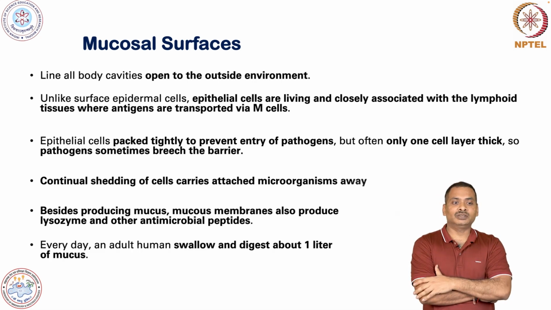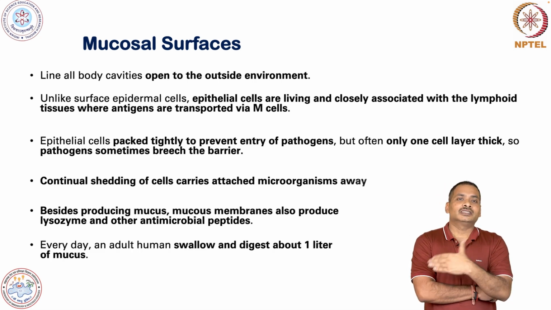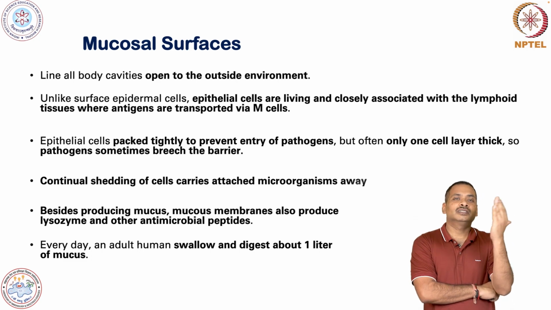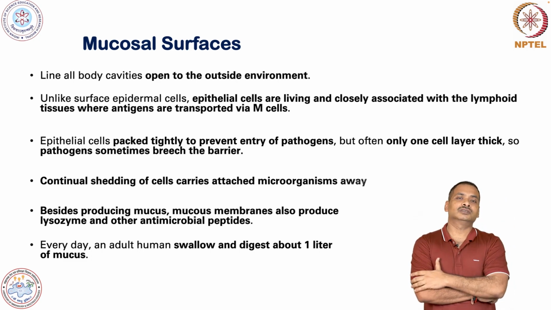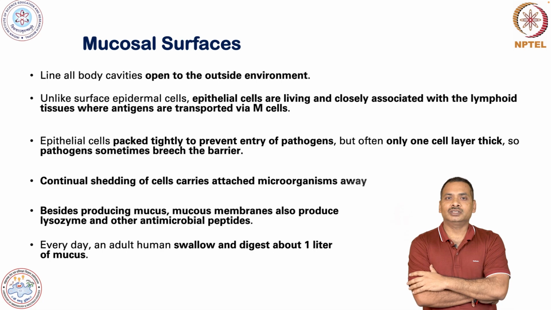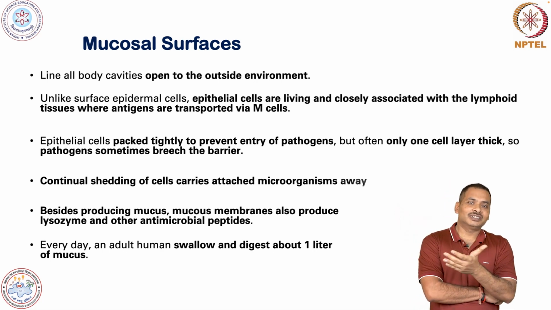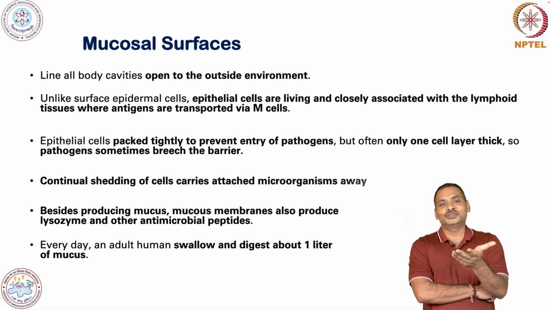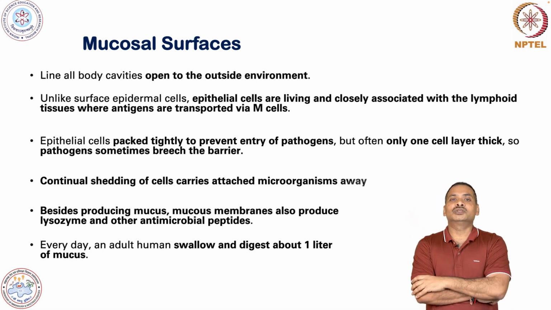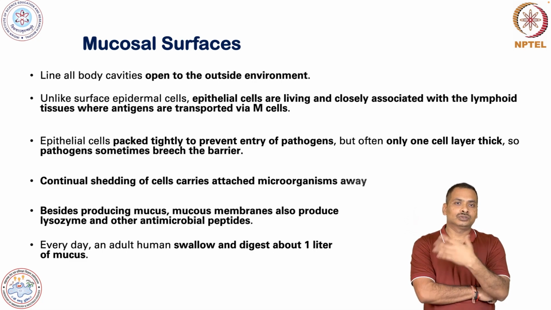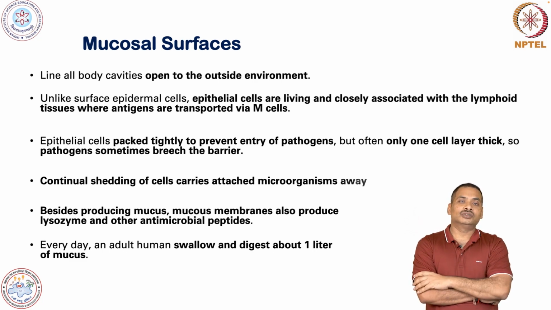microbes or microbial pathogens. As I told you, there is a continuous production of mucus. And it is very interesting that we produce about a liter of mucus every day, and we swallow that much mucus.